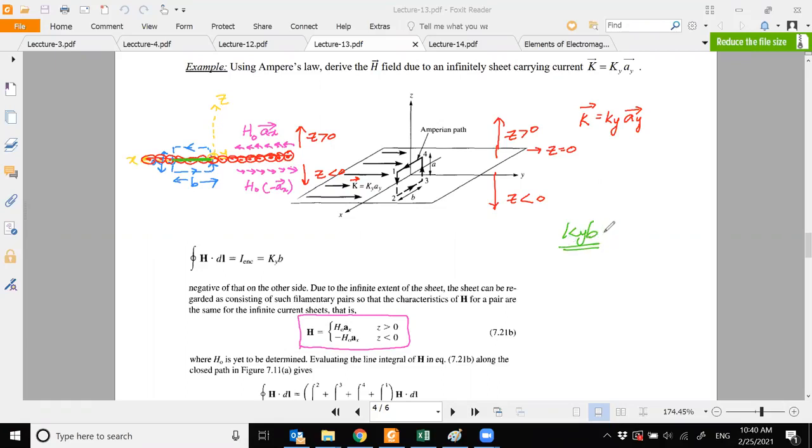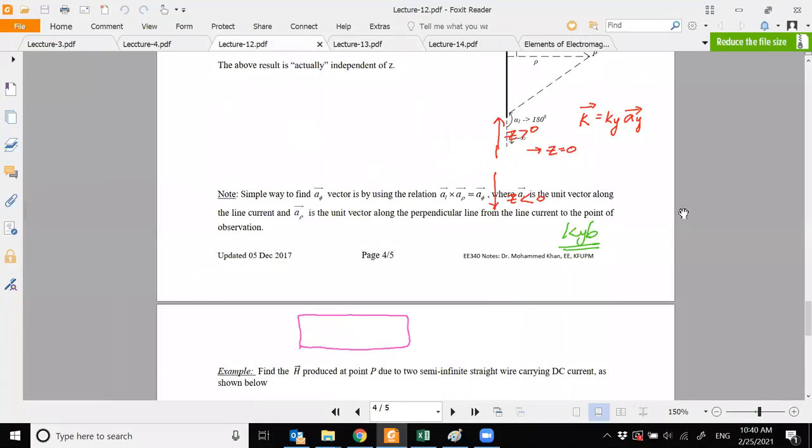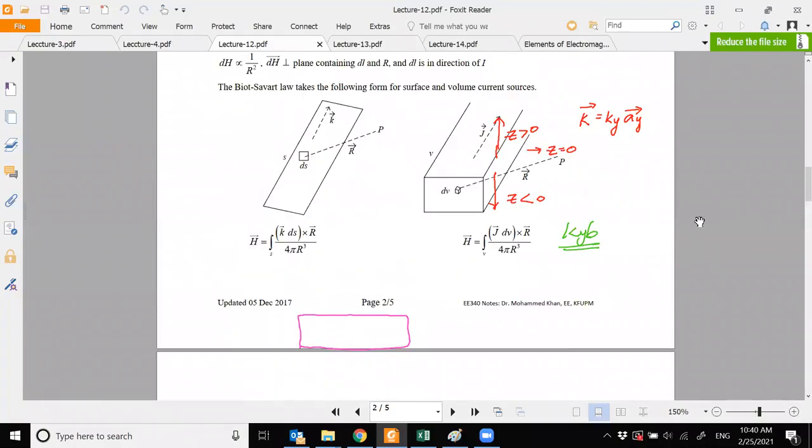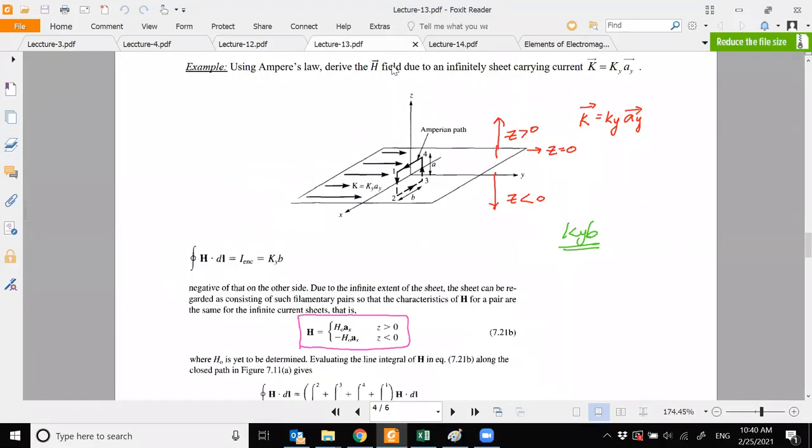And from where am I getting this Ky times B? It is from the definition of the surface current. If you remember the definition of the surface current that we used, see, this is the one. Just take the component which is normal and integrate it over dl. So this is exactly what we did here.